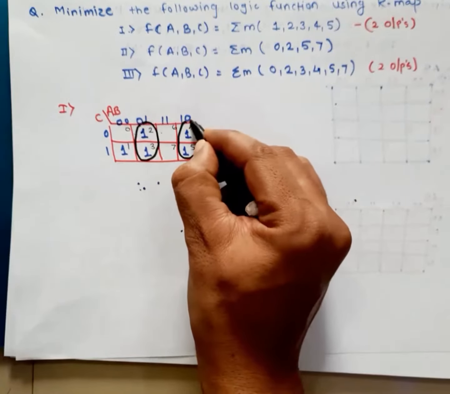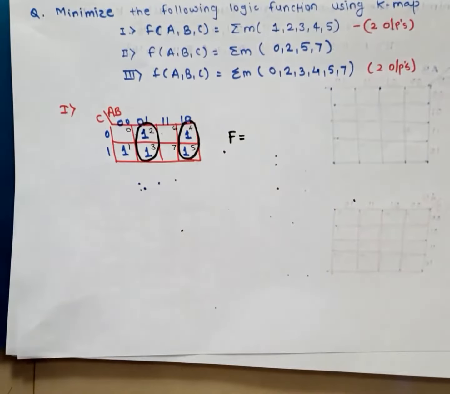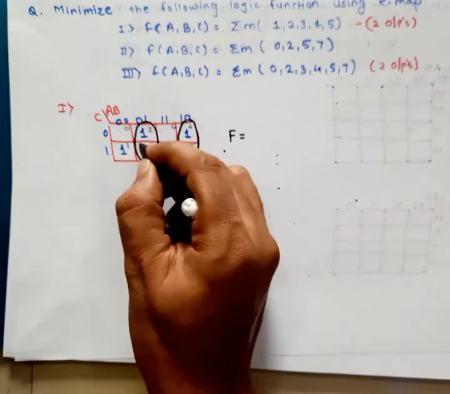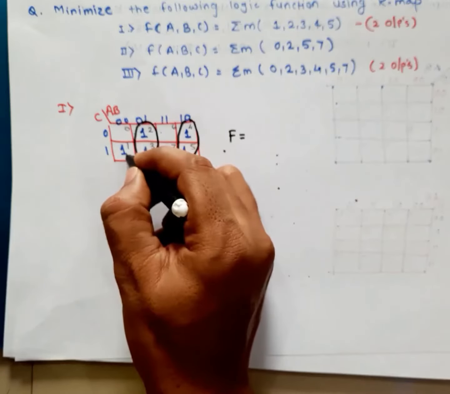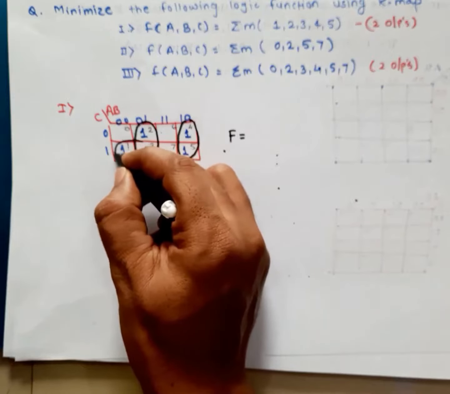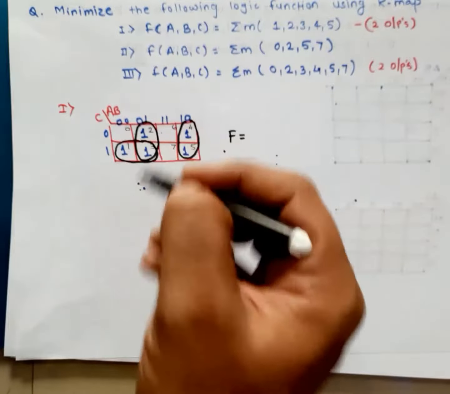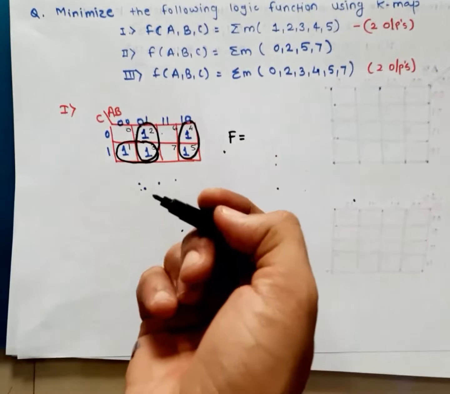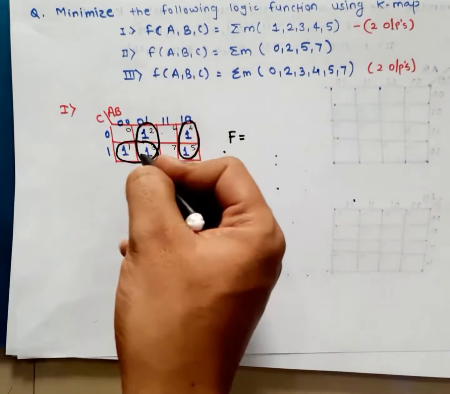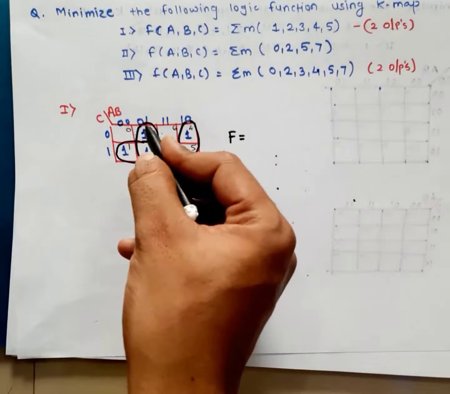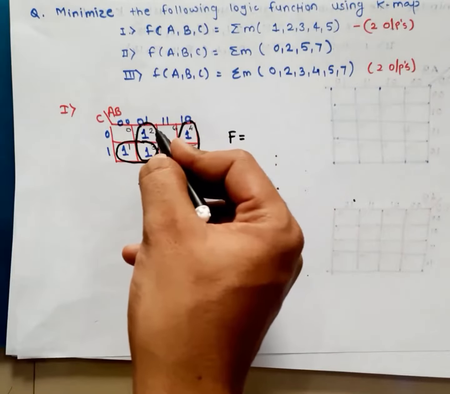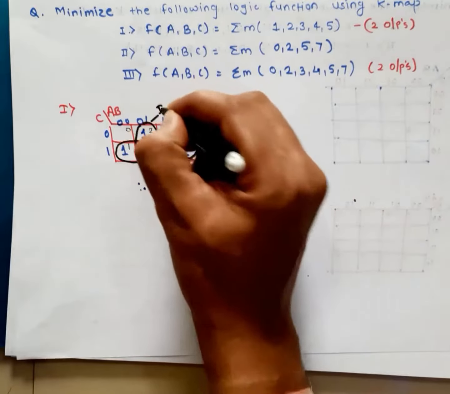So this is another vertical group. Again, in this case only one cell is remaining and that contains a high value. The adjacent cell for this is 3, so we can club them together and make a group of 1 and 3. See here again, cell 3 is used 2 times, in this group and this group.